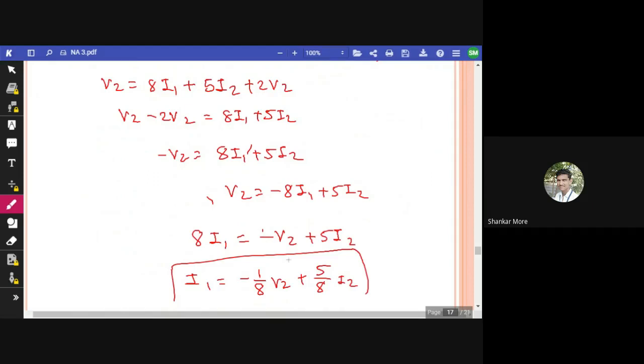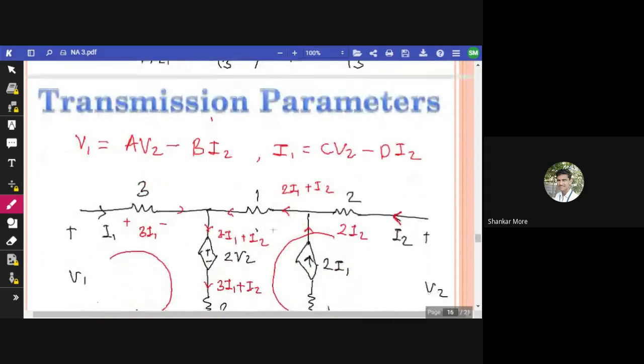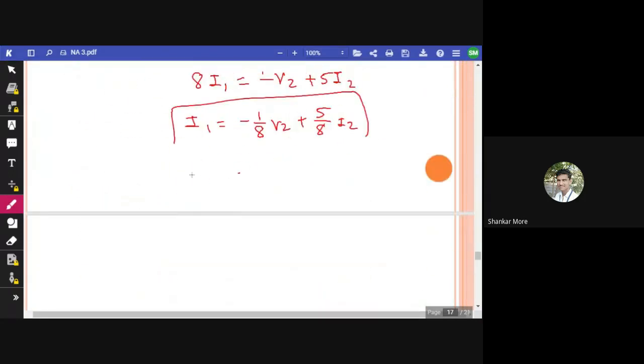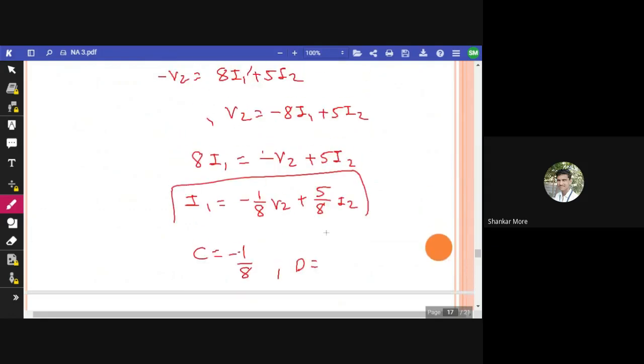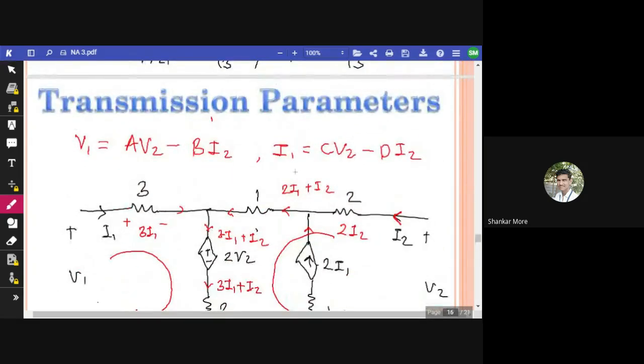Now, if you compare this formula of I1 with this one, I1 is equal to CV2 minus DI2. So what is the value of C here? Value of C will be minus 1 by 8. Now what is the value of D? Can you please tell me what is the value of D? See, compare this formula with this one. What is the value of D?